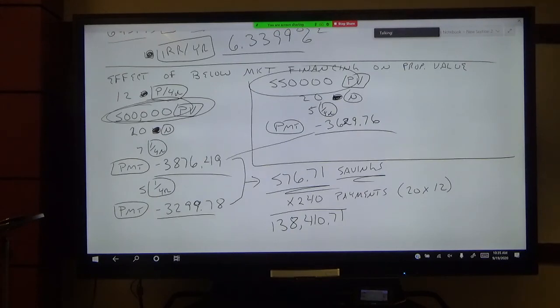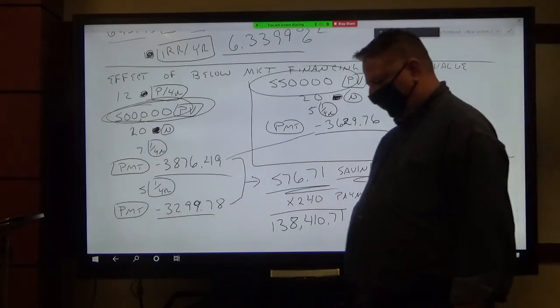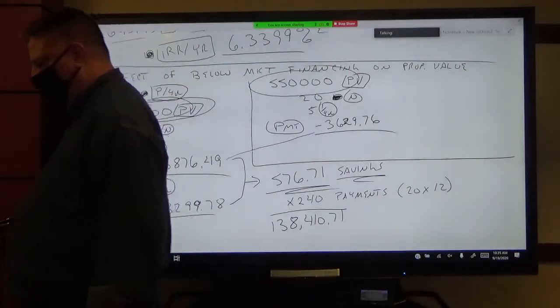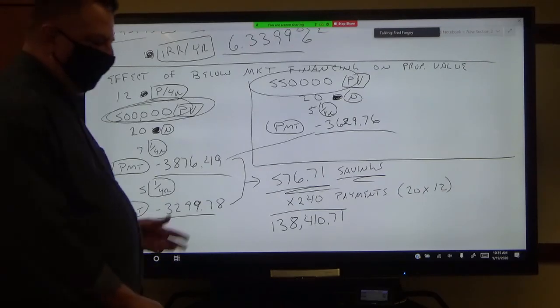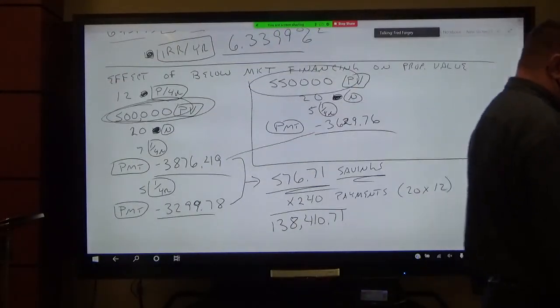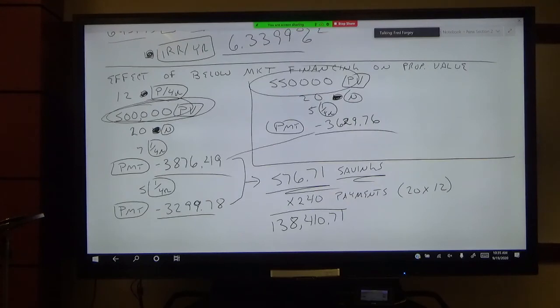I was just thinking of the developer side. That's only possible if they don't have a construction loan, or the construction loan must be less than the lower market financing. Okay, the construction loan, to a certain extent, is irrelevant, in terms of the dollar amount, because people aren't buying a property based on the construction loan.